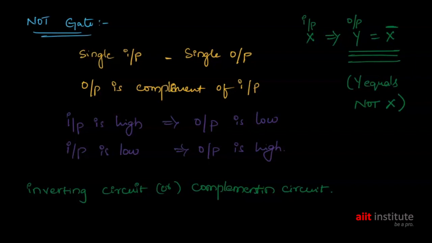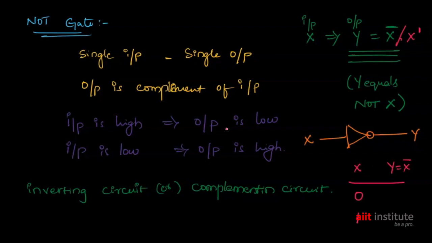Now a NOT gate is represented as the logic gate representation shown here, where x is input and y is output. The truth table for this can be written as x, y, with y equal to x bar. The only possible inputs for x are 2, either 0 or 1.